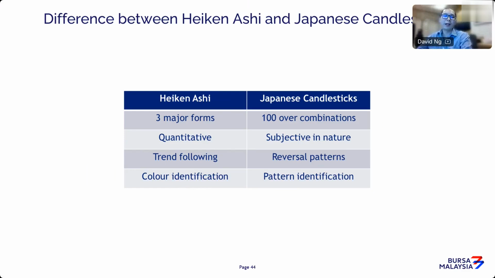Because of the nature that Heiken Ashi shows you the trend of the candle, in that sense, it's showing you the trend of the market. Japanese candlesticks are more reversal. Every time you try to identify combinations, you're talking about reversal of the market. So Heiken Ashi is based on color. Japanese candlesticks is actually more based on pattern.